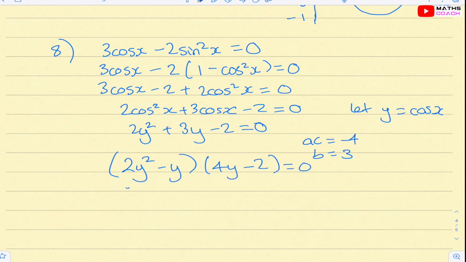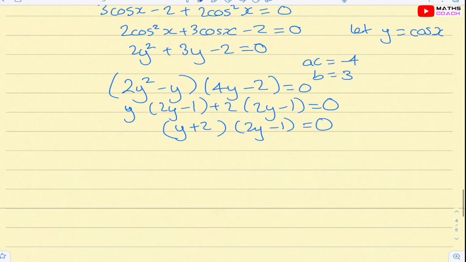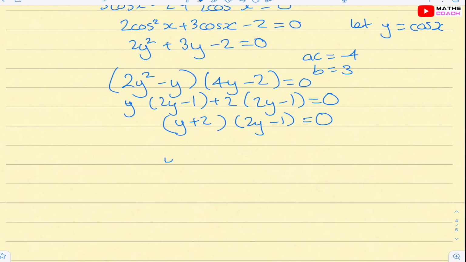Okay, and we're going to just factorize out each bracket. So you end up with 2y minus 1 plus 2y minus 1 equals 0. So y plus 2 and 2y minus 1. So once we've got that, our two solutions are y equals minus 2 and y equals 1/2. But remember, we said let y equal cos x, so we're going to plug that back in.